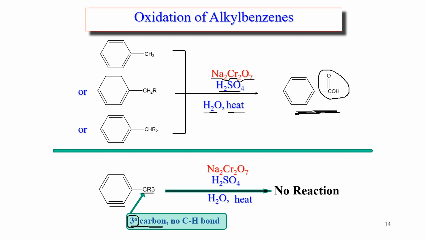Simply, this tertiary carbon means that this carbon is attached with no hydrogens. So there is no CH bond in it. Such a carbon is called a tertiary carbon. So if the group has the tertiary carbon in it, then no oxidation can take place. So no reaction will occur if the benzene has got a tertiary carbon in it.